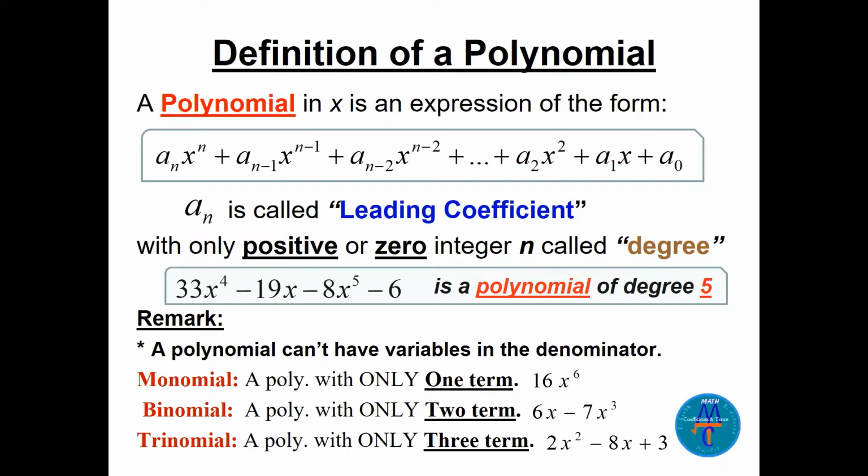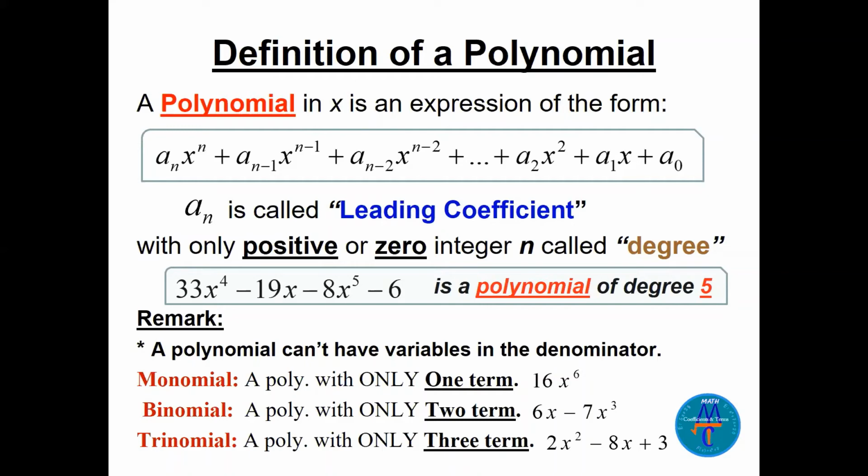It can be 1 term, it can be 2, 3, 5, 7, it can be 50. Many terms. I will show you here. In the middle of the slide, we have a nice example. We have 33, I will come back to the leading coefficient, 33x to the power 4 minus 19x minus 8x to the power 5 minus 6. See, this is a polynomial, 4 terms are there.